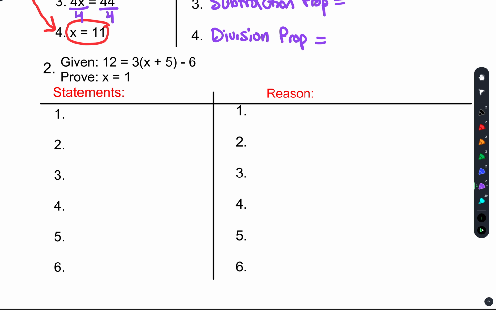There's a couple freebies that I can get every single time. I know that my given statement, 95% of the time, is going to go first. So let's put that first. I have my statement, and then the reason that I can put that there, my justification, one word, given.